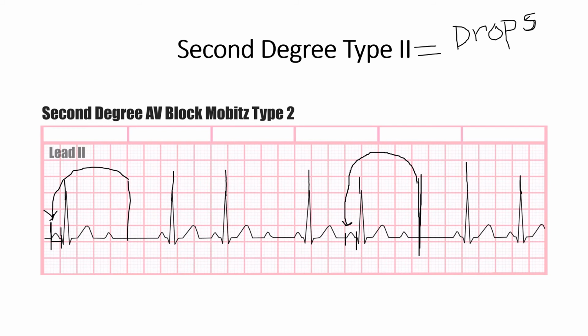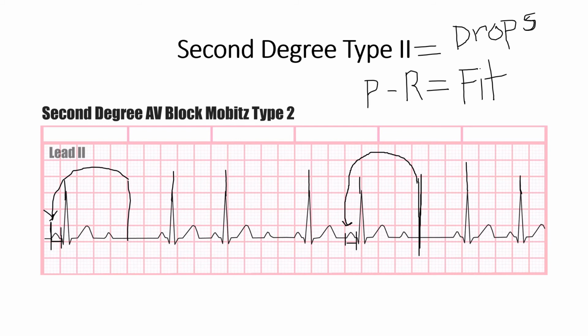Okay. Wow. That fits one box. You have a little bit more time there. It did not go that far, but that's not what it's supposed to do. And that is a true feature of a second degree type 2. Second degree type 2, when it comes to the PR interval, it will always fit.